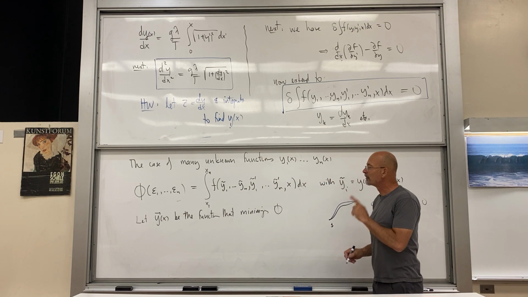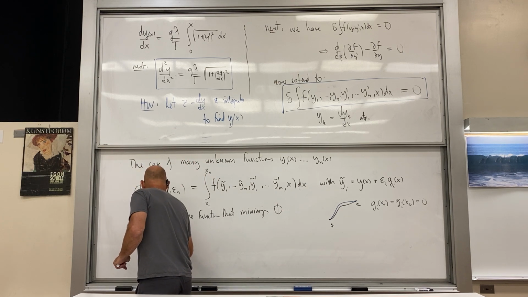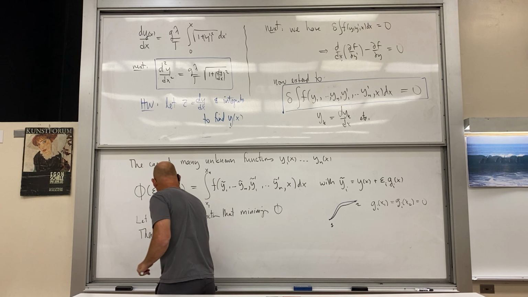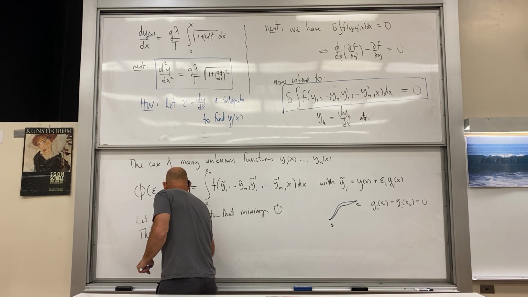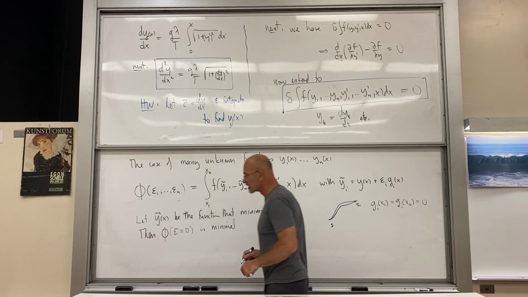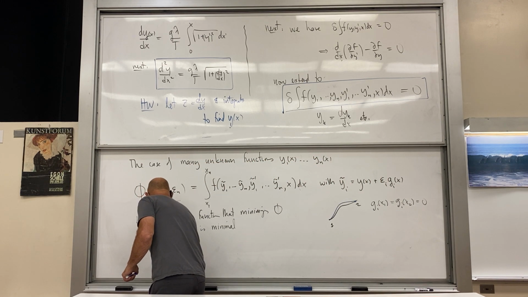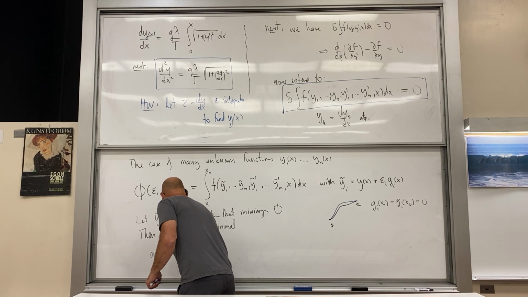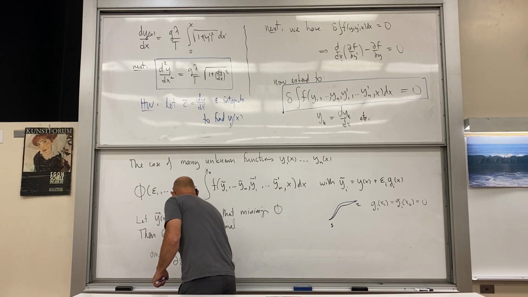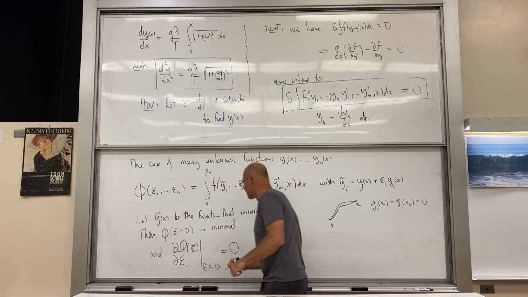And by construction, that phi of epsilon equals 0 is minimal, just as it was last time, and d phi partial d epsilon I evaluated at epsilon equals 0.